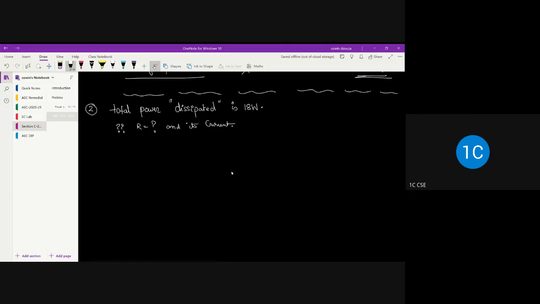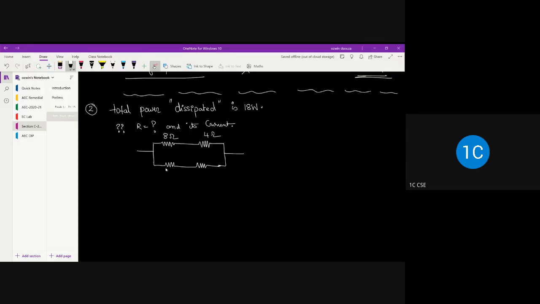So in this particular problem, you have been given a circuit diagram. All you need to find out is the unknown resistance value R and the current flowing through R. So here is the circuit: 8 ohm in series with 4 ohm, and you have a parallel branch consisting of again 2 series connected resistors.